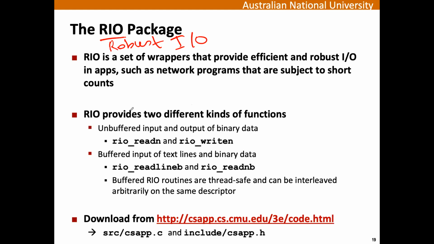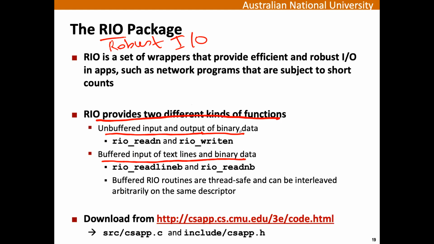So this package provides two different kinds of functions: unbuffered input and output, and buffered input of text lines and binary data. So I'll explain a little bit what is the meaning of unbuffered and buffered.